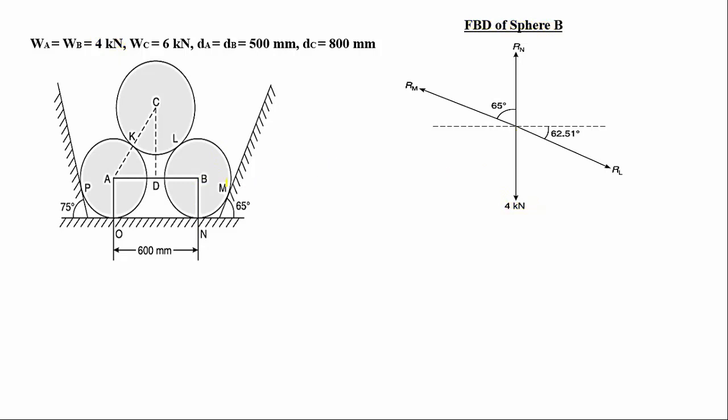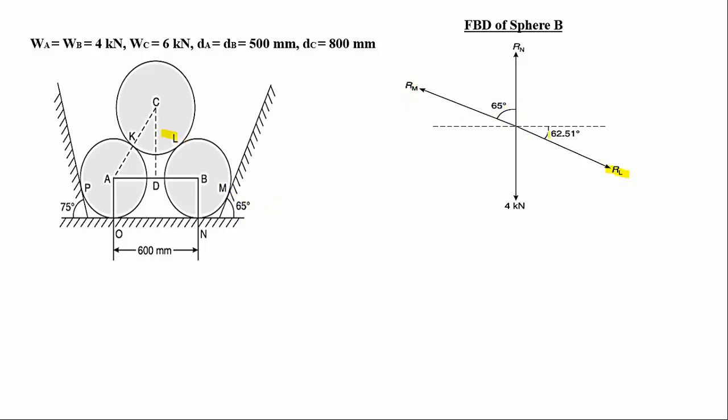Next, it is touching at point M, so normal to the surface, reaction develops. Here we have shown it as RM. This will be 90 degrees, so with respect to horizontal it will be 25 degrees, or with respect to vertical it will be 65 degrees. Next, at point L, it is touching the surface. We have shown this as RL.